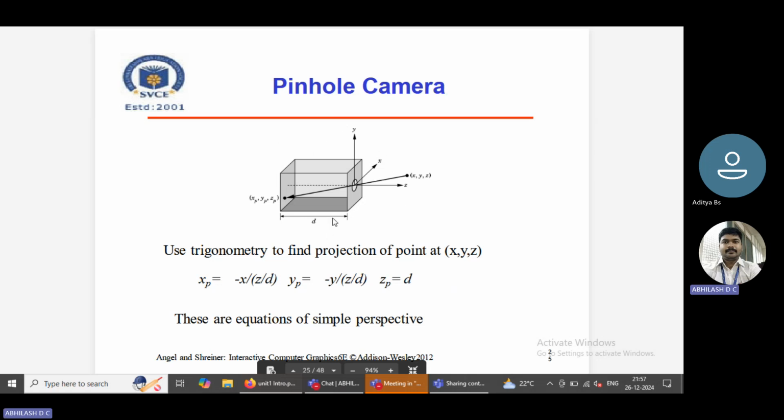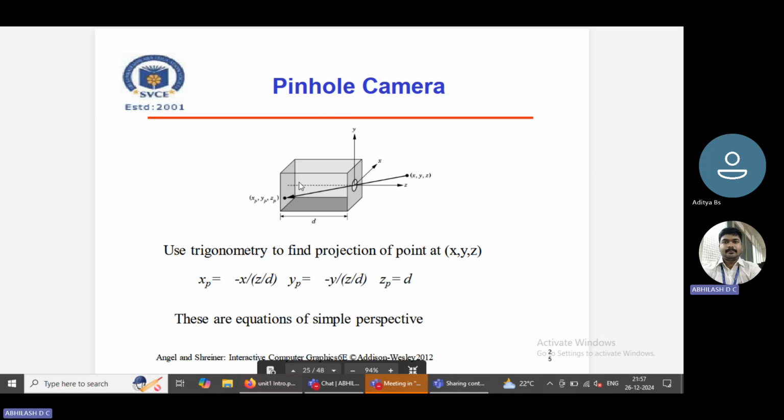This is actually a pinhole camera where we have the coordinates of the object as xyz, because it's a three-dimensional space. This particular point should be formed on the back of the cardboard box.